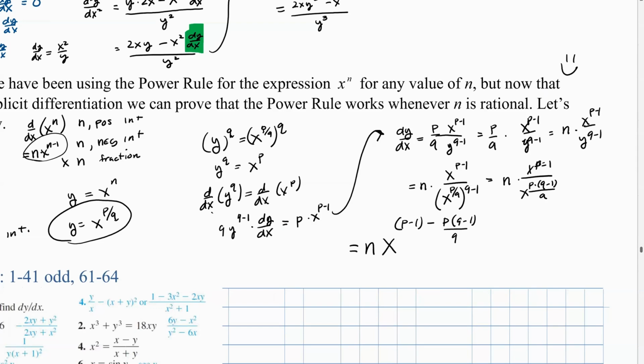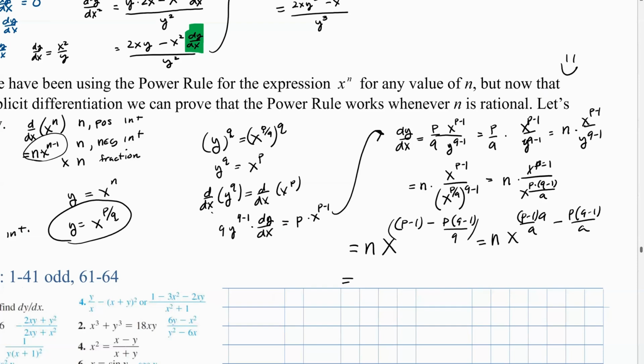Okay. Well, I'll tell you what. Let's see if we can make it a little bit nicer. We have this big exponent, which is made up of two things, one of them a fraction. Let's use a common denominator. The common denominator is q. So now let's write out everything. That is n x to the p minus 1 times q over q minus p times q minus 1 over q.